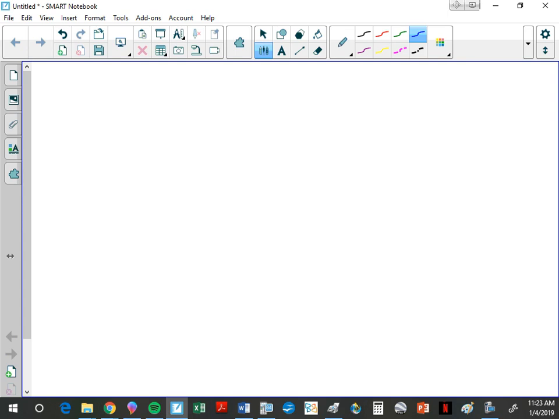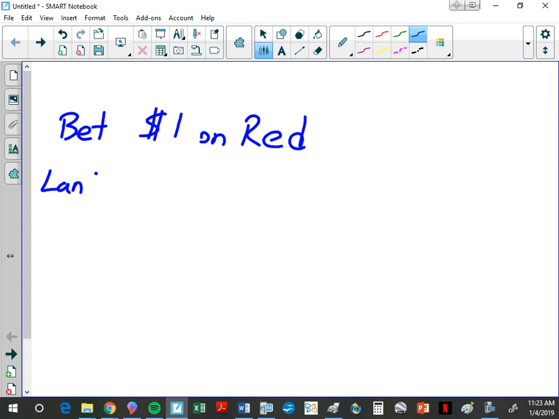So we're now going to calculate that expected value when betting $1 on red. The wheel can either land on red, black, or green. So we are going to bet, write this down, $1 on red. What happens when we land on red?